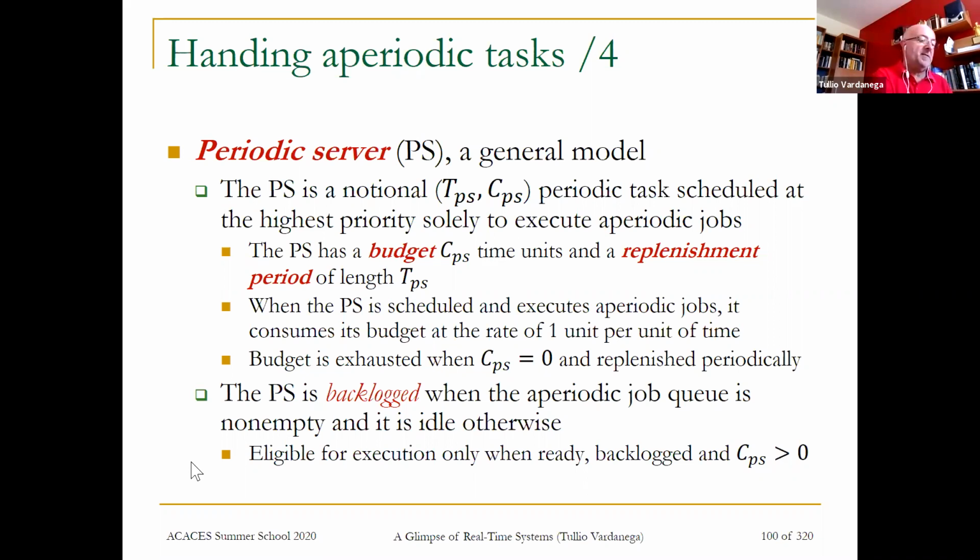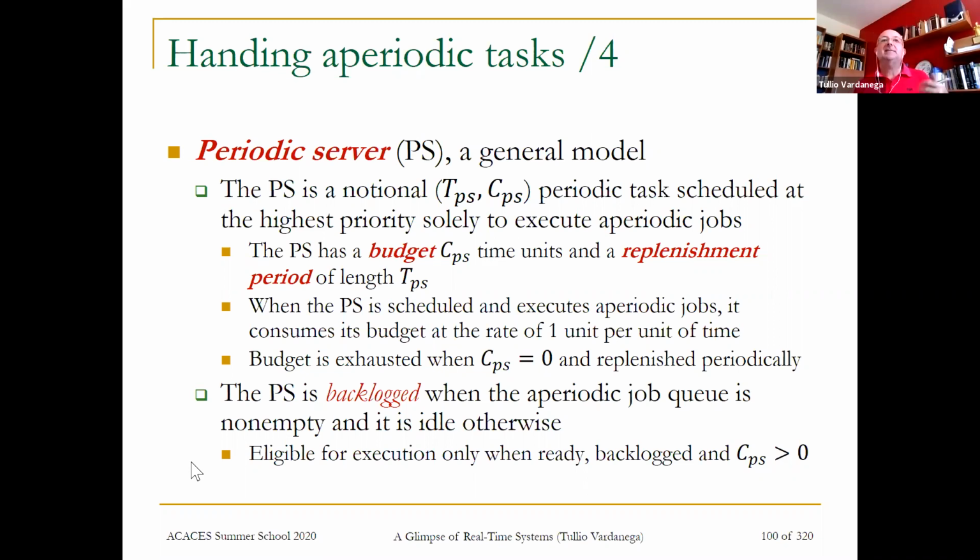The periodic server is in fact the personification of a task which is scheduled by the normal scheduler, but the job of this task is not to execute itself. The job of this task is to give time for the execution of aperiodic tasks that come in. Okay? So that's the job. And what does this server do?